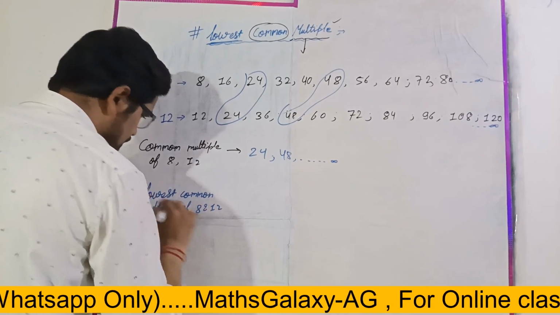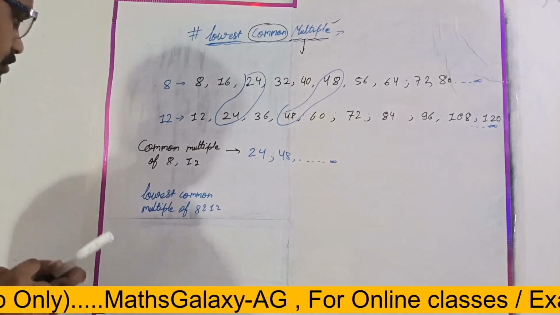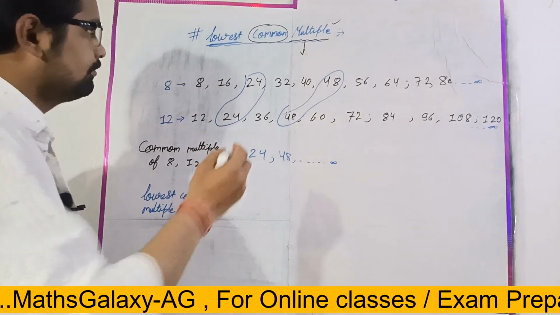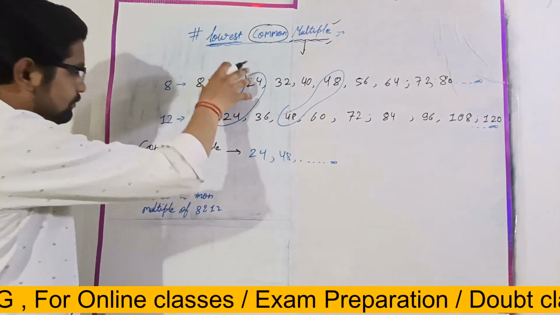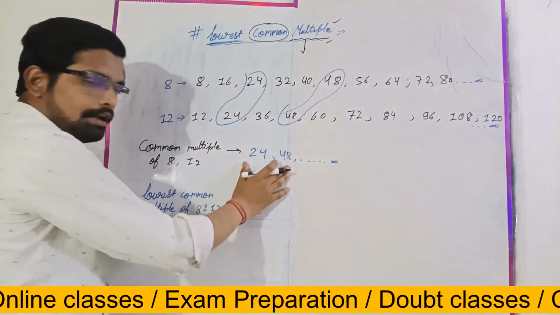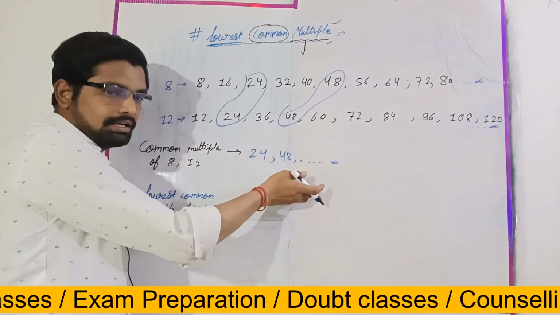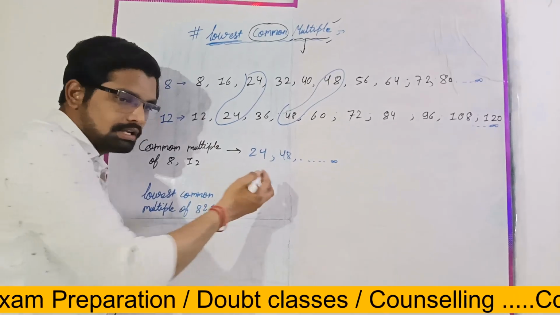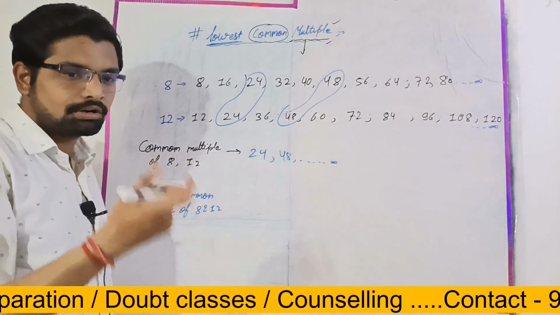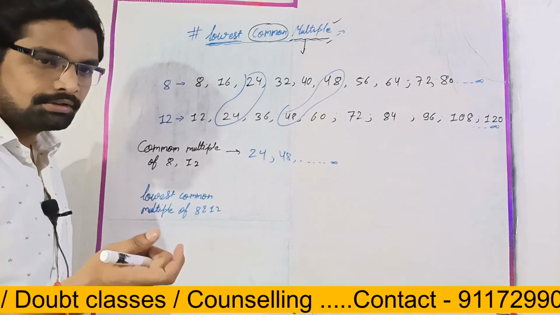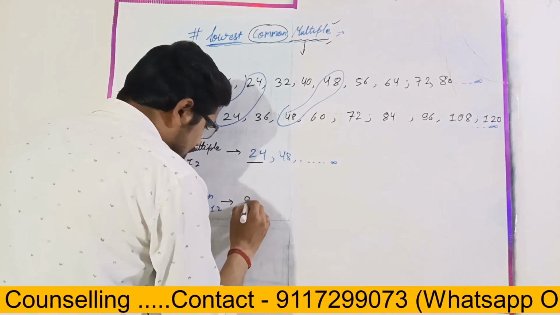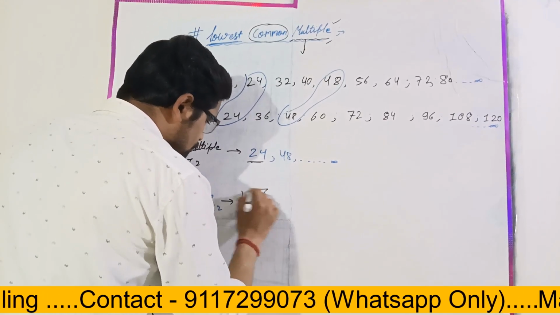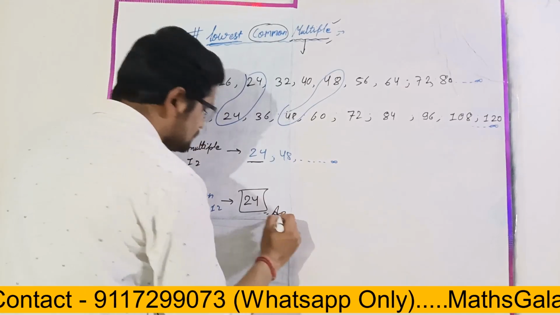Here we found the multiples, and among them we found the common multiples. Now among the common multiples, which one is the lowest or smallest number? 24. So that will be the LCM or lowest common multiple of 8 and 12.